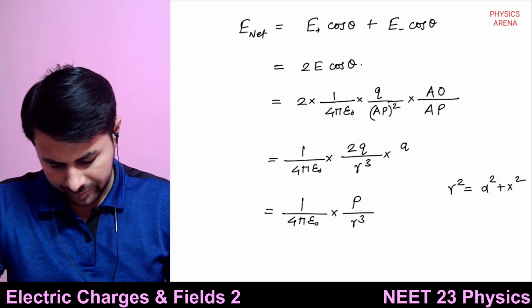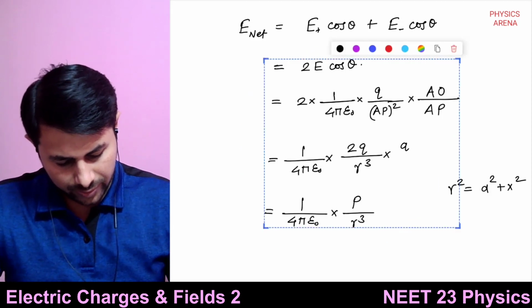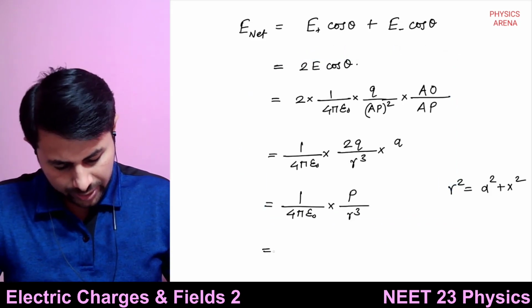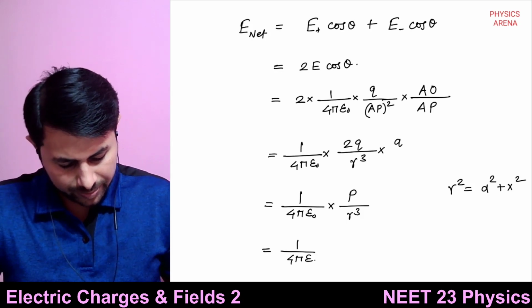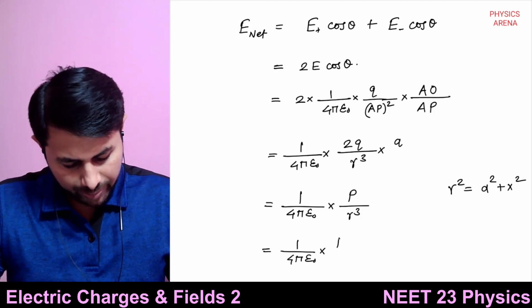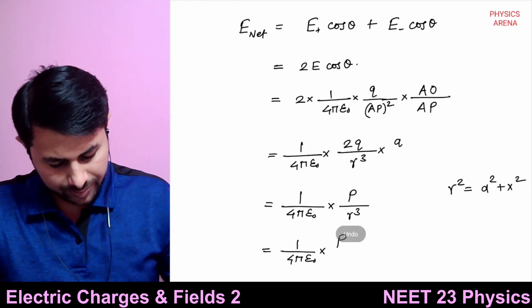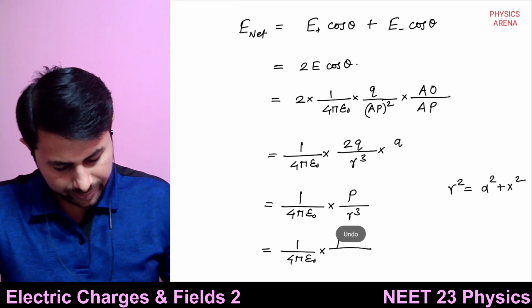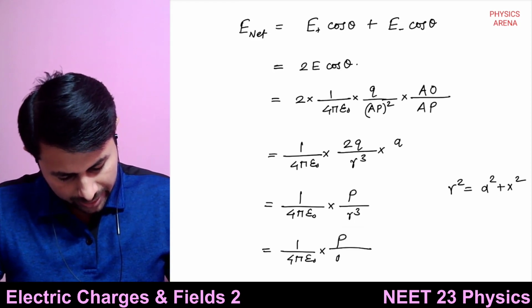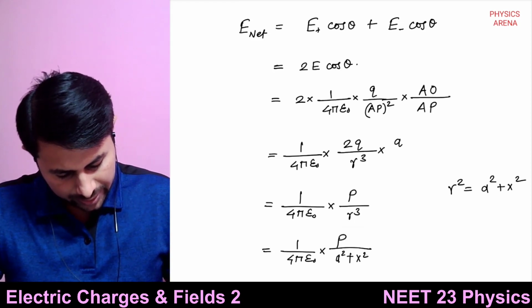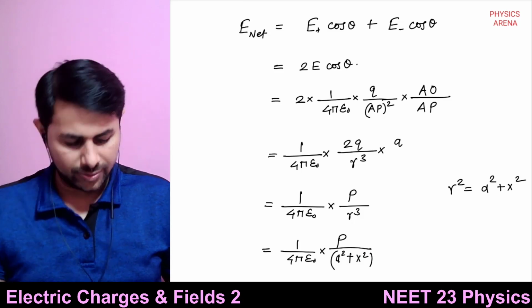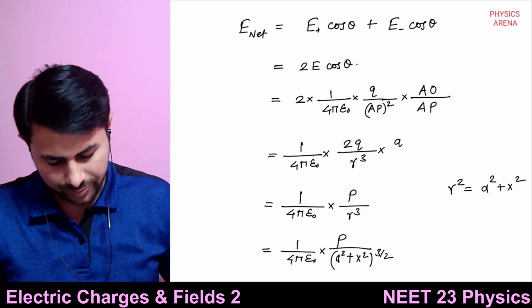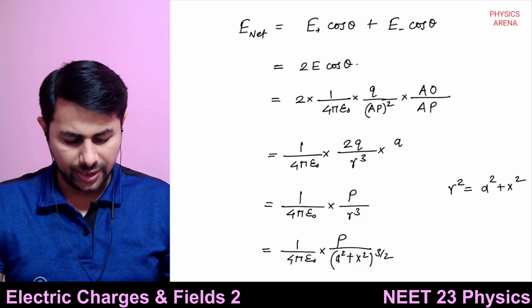So it is equal to 1 upon 4 pi epsilon naught multiplied by P divided by A square plus X square raised to 3 by 2. This is E net.